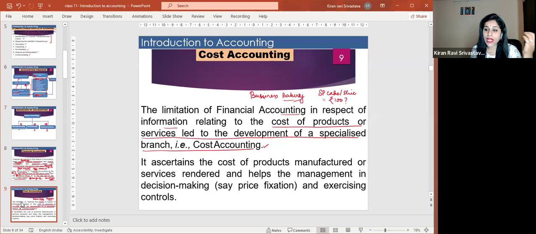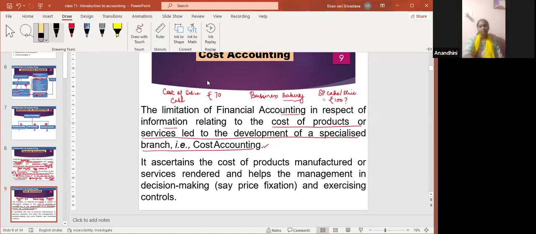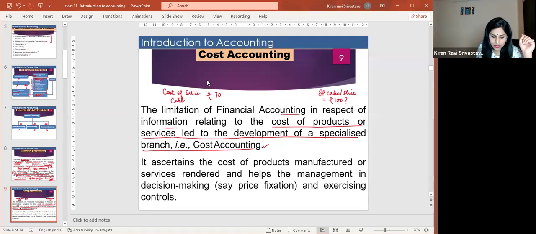You won't be able to understand my profit until I tell you that the cost to manufacture that slice came up to 70 rupees per slice. Then you can tell me the profit. 30. So when I have to find out my profit, I need two things: selling price and cost price.